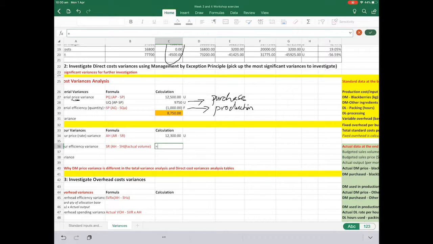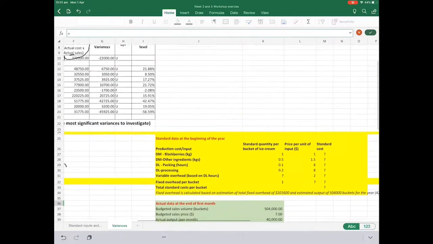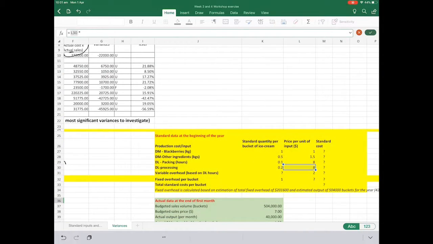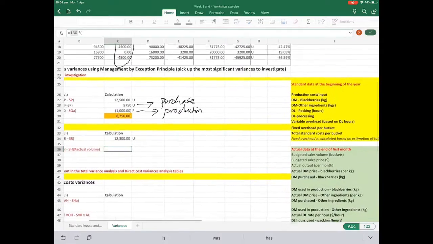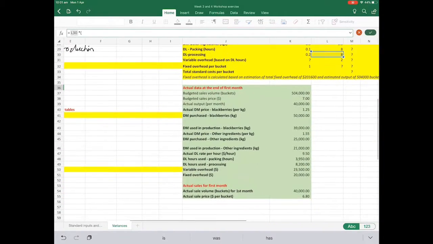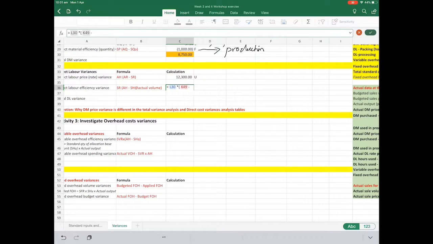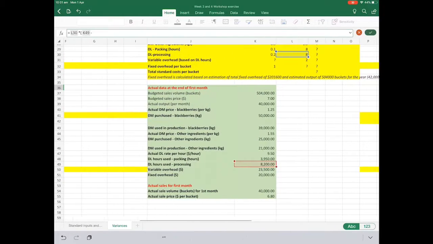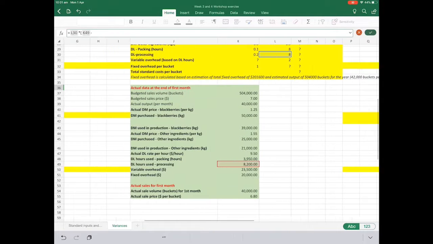And now the second one, the direct labor efficiency variance. The outside is the standard rate, which is $8, and times inside is actual hours for processing, which is this amount, and then the standard hours for processing at the actual output. So how much time we spend on processing.